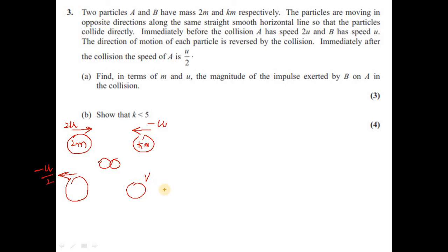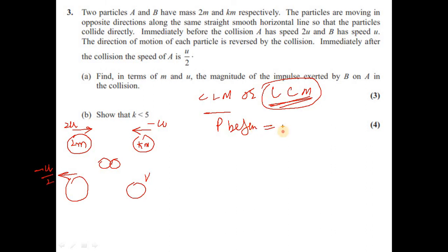So we can apply the law of conservation of momentum. It's not LCM, it's the law of conservation of momentum. Momentum before is equal to momentum after.